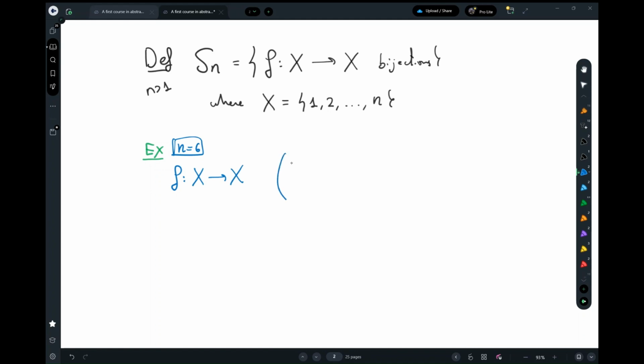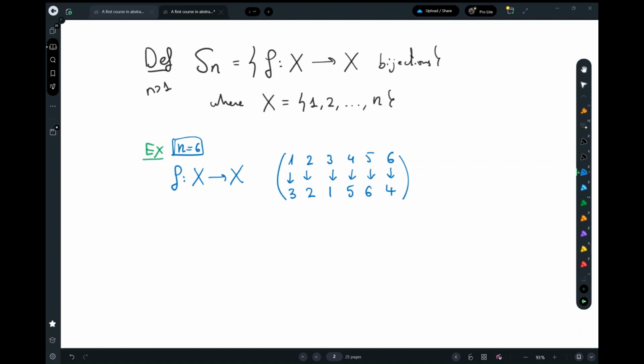The long notation is to tell you exactly where 1, 2, 3, 4, 5, and 6 go. So 1 goes to, let's say, 3, 2, 1, 5, 6, and 4. So that tells me where every one of the numbers go, and that defines a bijection from X to X.